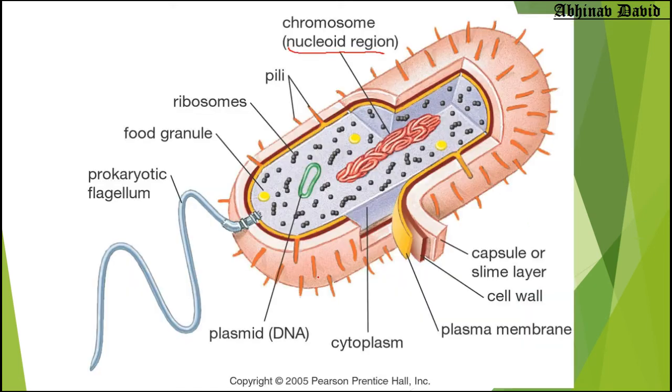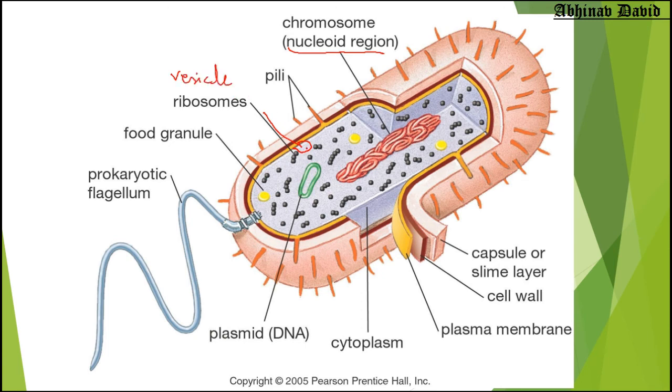So where are these membranous vesicles present? This is the cell membrane. You can see here the plasma membrane, this yellow colored structure, and this plasma membrane organizes like a bag-like structure and forms the vesicle.